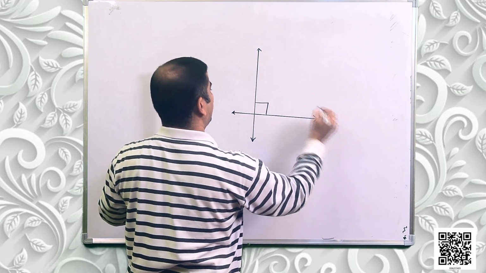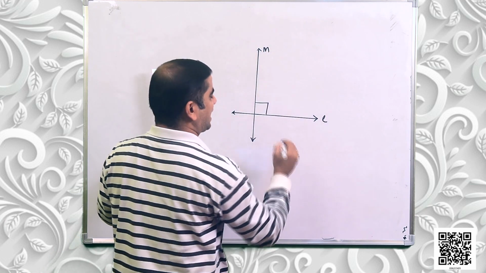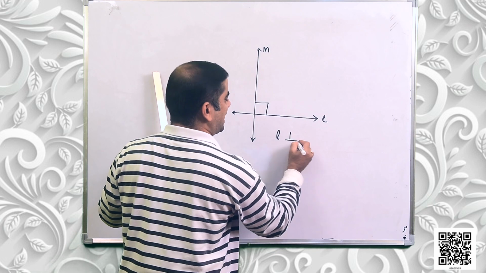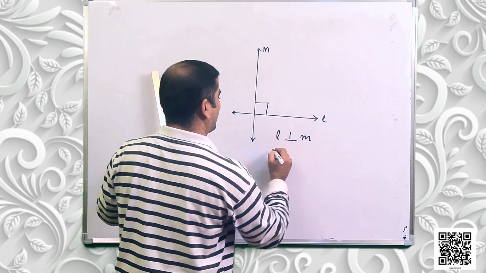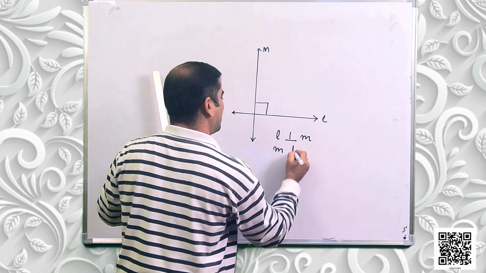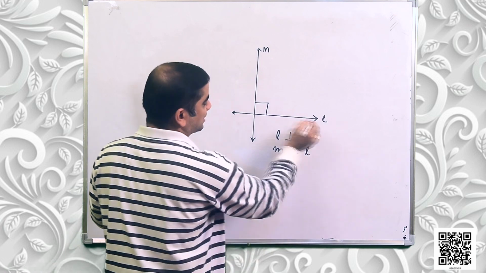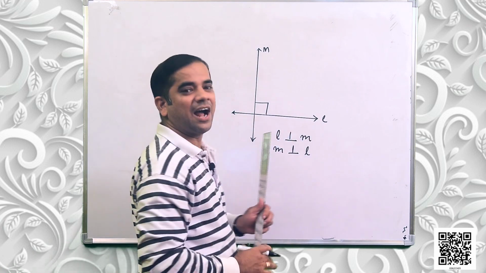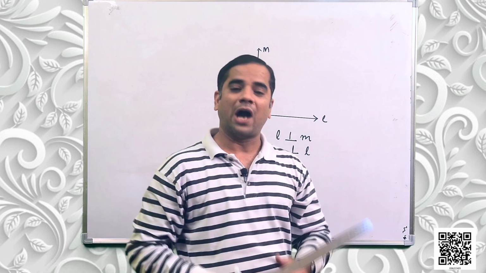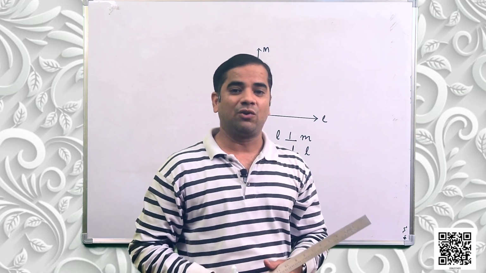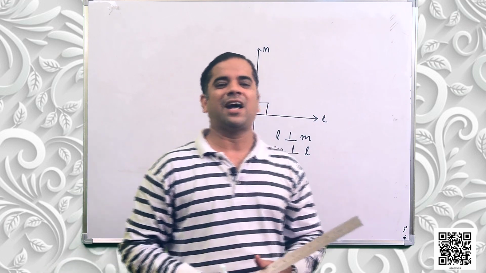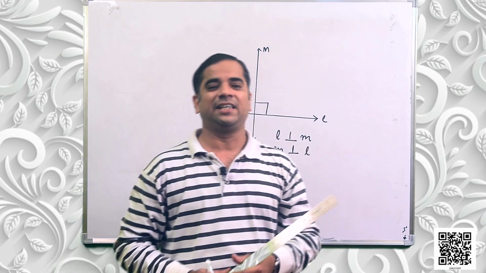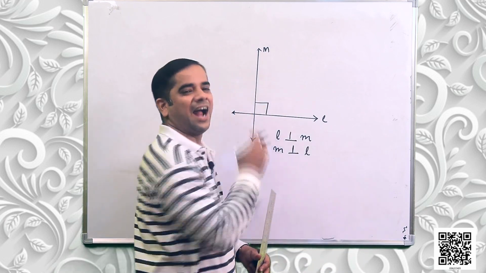Suppose this is line L and this is M, I can say L is perpendicular to M or M is perpendicular to L, because they are intersecting each other at 90 degrees. So perpendicular lines are the lines which intersect each other at a right angle.